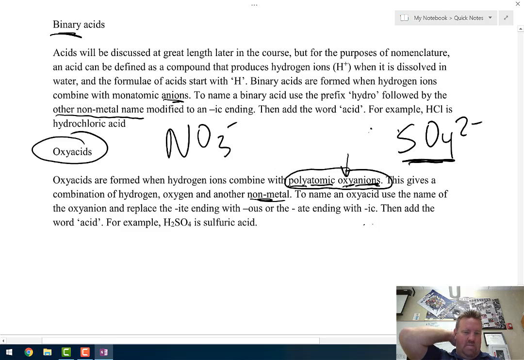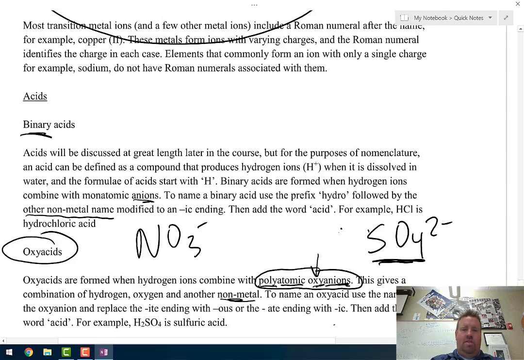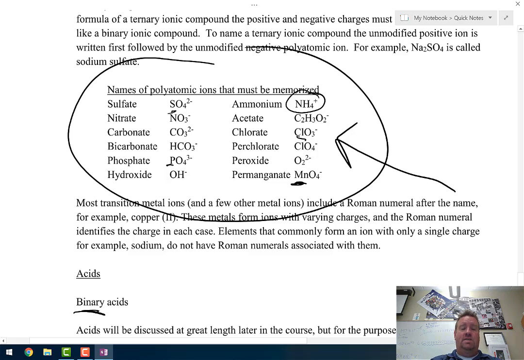Let me talk about what that means in just a second. These polyatomic ions that you need to know, I believe there are 12 of them all total. They help you with ionic compounds, and they're also going to help you with acids as well.